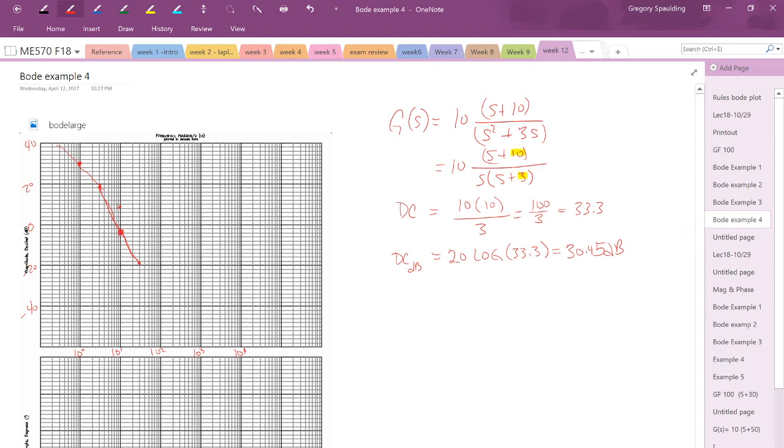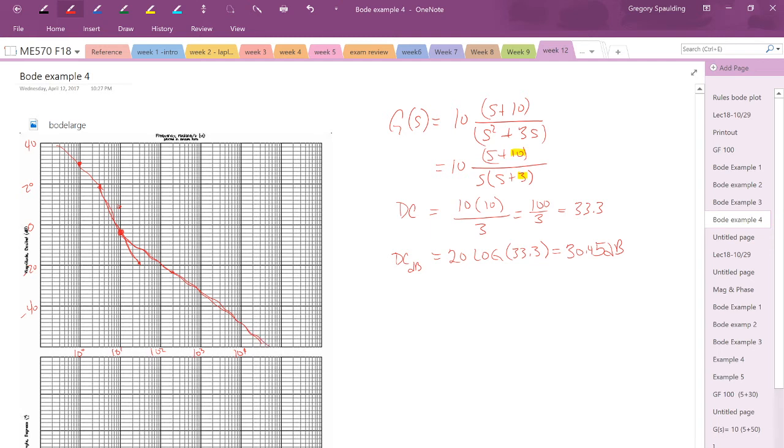At 10, I add 20 dB per decade to my slope, going back to minus 20. So my slope looks something like this, if I had a steadier hand.